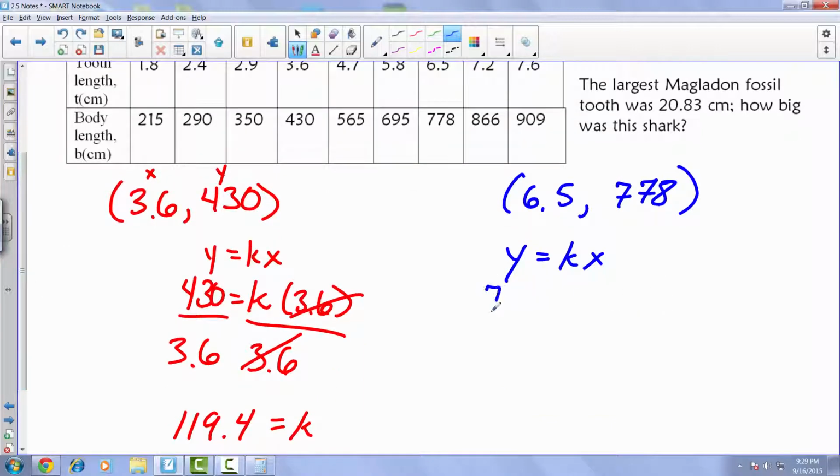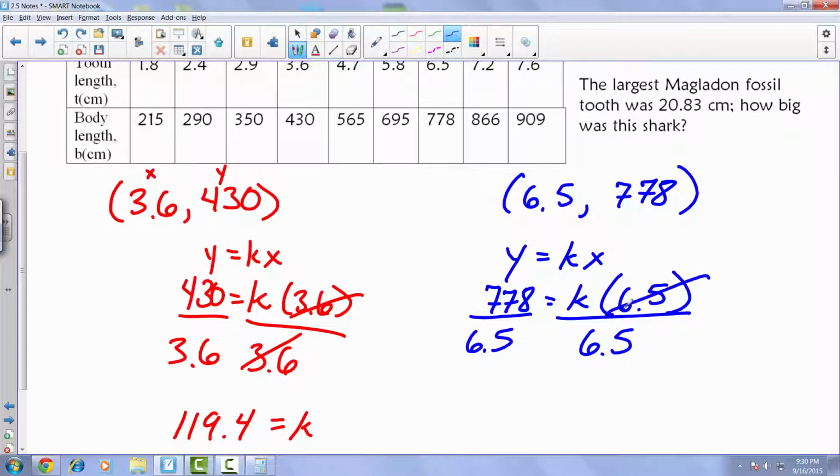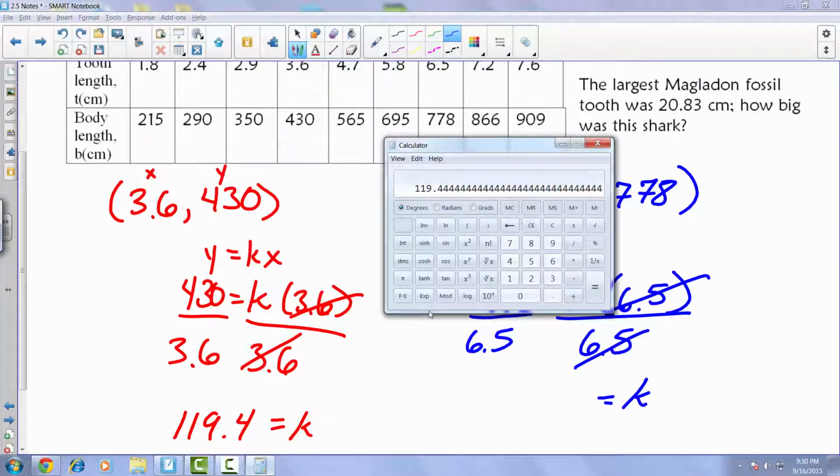So we end up with 778 is equal to some k times 6.5. Divide both sides by 6.5 to get k by itself. K then is equal to, throwing this in the calculator, 778 divided by 6.5, which comes to about 119.69.